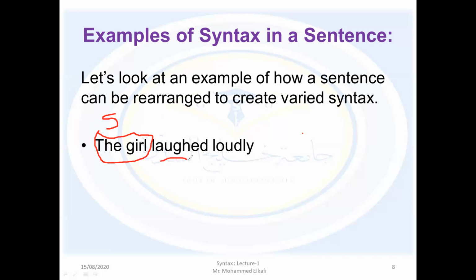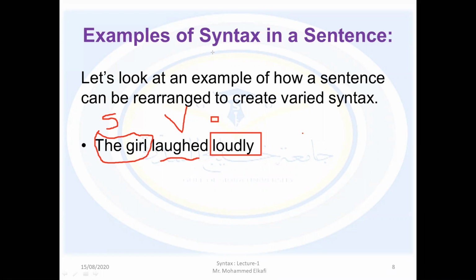And then we have laughed, which is a verb. And the last item that we have here is loudly, and loudly is an adverb.